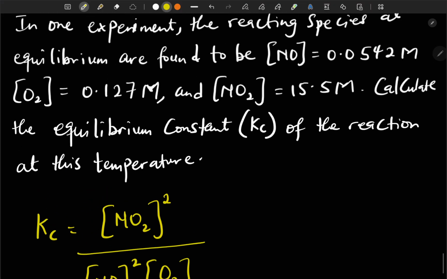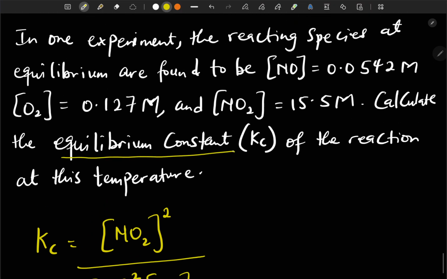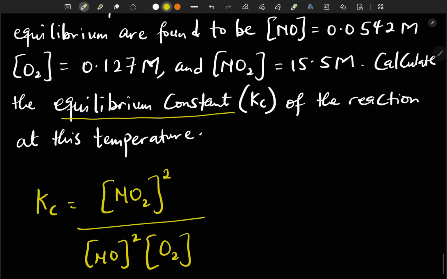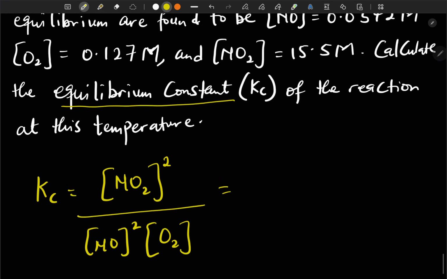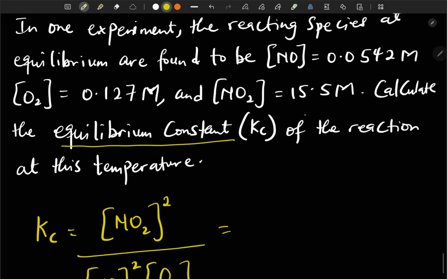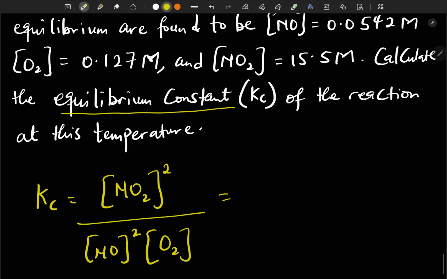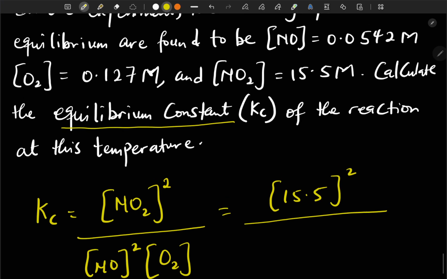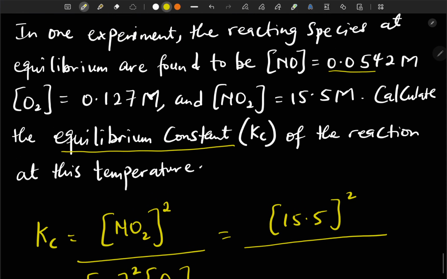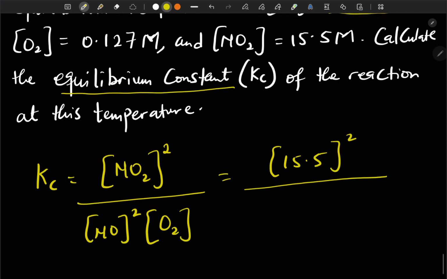So now we are asked to find the equilibrium constant Kc, and we are given the value of the concentration of each of the species. So now we have the concentration of NO2 to be equal to 15.5 molar, 15.5 raised to the power of 2, divided by the concentration of NO, which is 0.0542 molar.